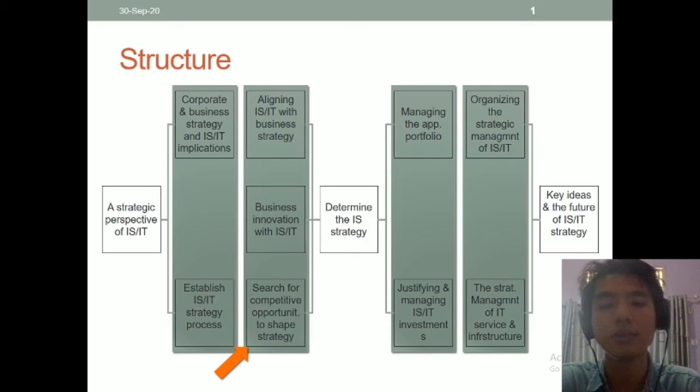The last one is the key ideas and the future of ISIT strategy, which is in part organizing strategic management of ISIT, strategic management of IT services, service and infrastructure.